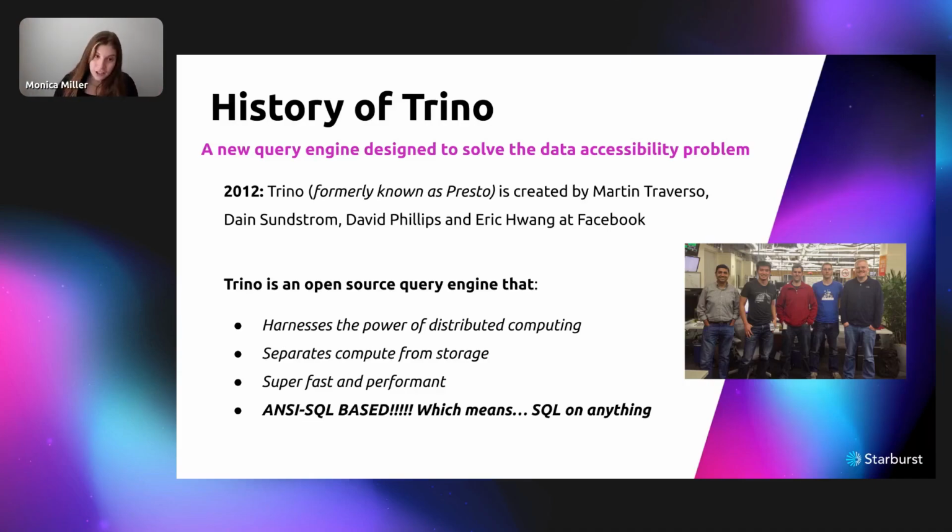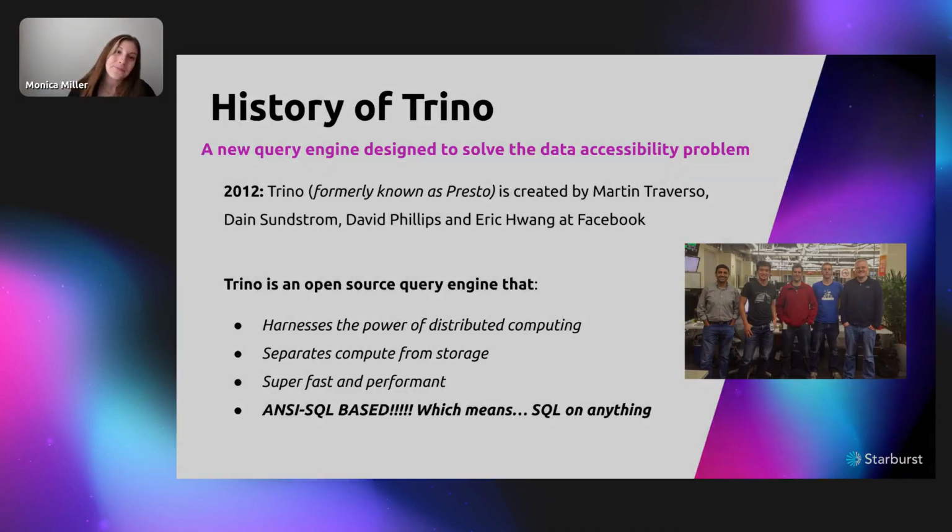In addition to that, it can also do interactive analytics across multiple different databases. It can join data from MySQL, Hive, Cassandra, and all of these different locations using that one language of SQL, which is so powerful because each database has its own little flavor of SQL. Being able to level set with that ANSI SQL base, where data analysts and data engineers alike can access data no matter where it lives, is super powerful. So I don't want to undersell that.